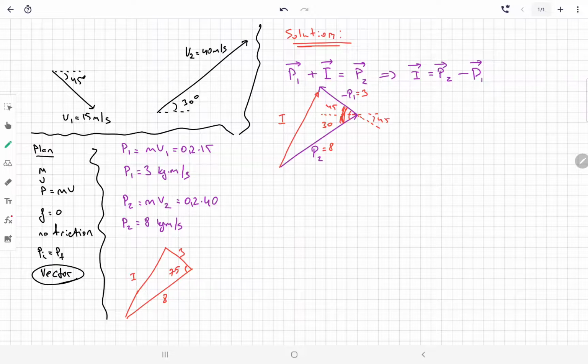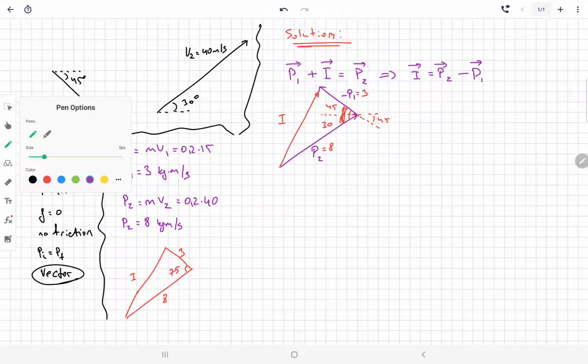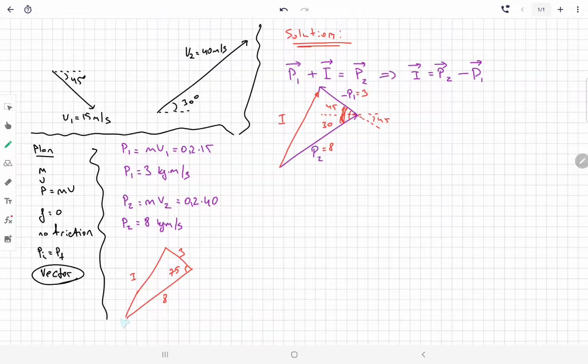So we can apply the cosine theorem in order to find the length or magnitude or numerical value of the impulse, this part. The cosine theorem is, you know, square root of 3 squared plus 8 squared minus 2 times 3 times 8 times cosine 75 degrees.